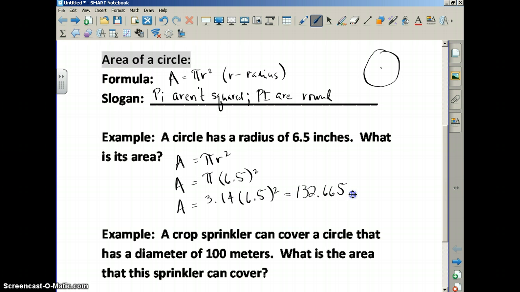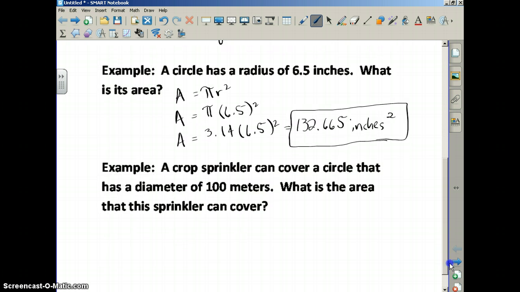And it says inches, and because we have inches times inches here, the answer is in inches squared. So let's box that up. And there we have it.